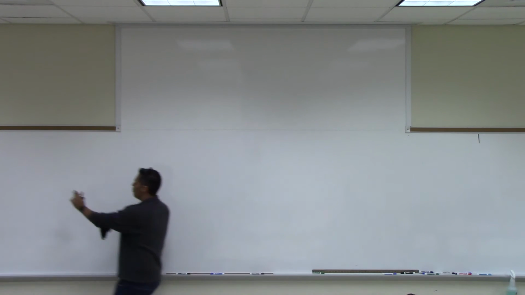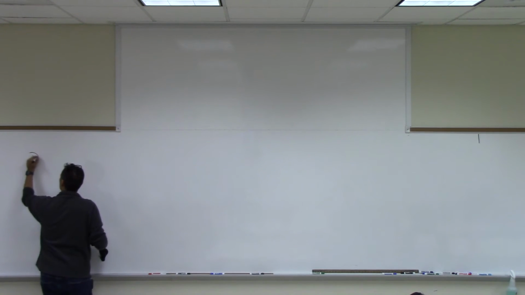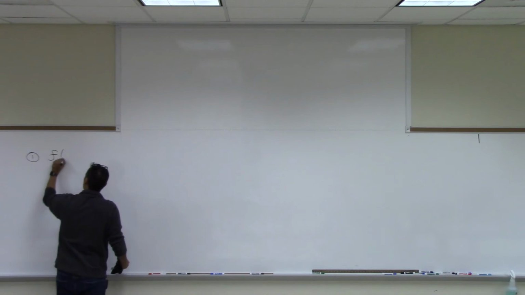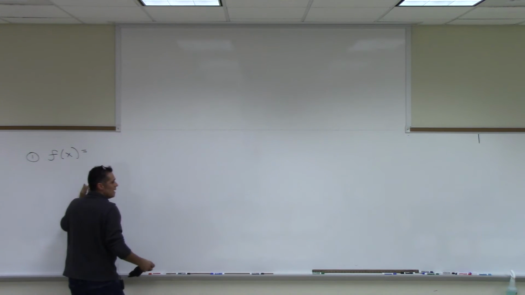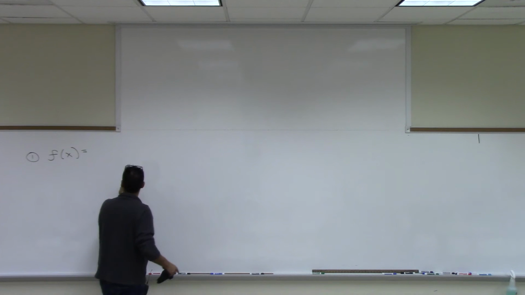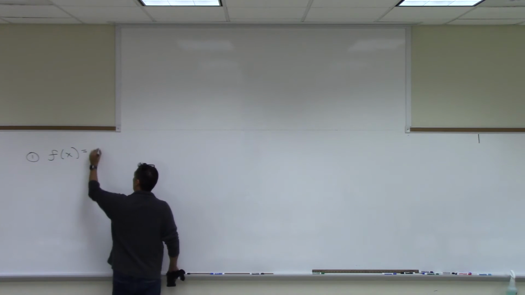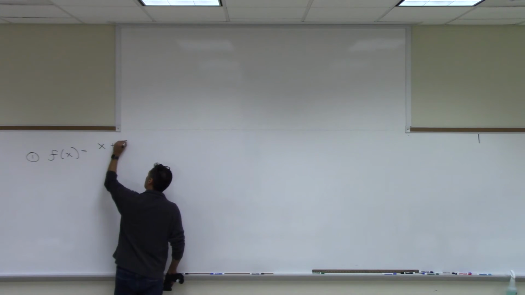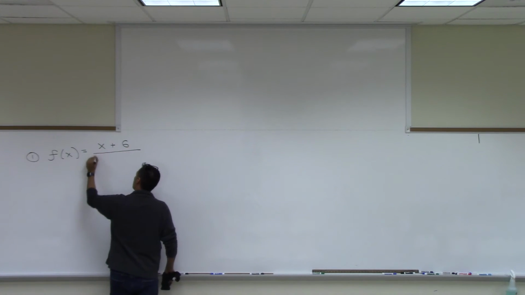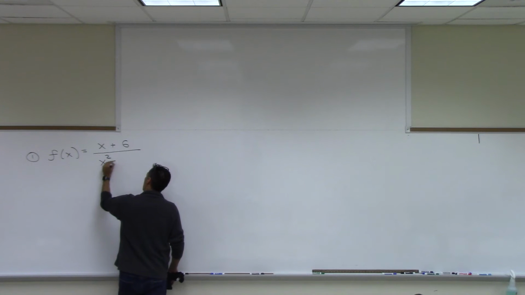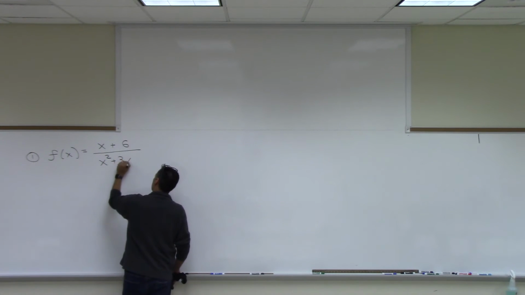So let's say number 1. Let's do case 1. I'm going to make the numerator's degree smaller than the denominator's. I'll do an easy one first. x plus 6 over x squared plus 3x.